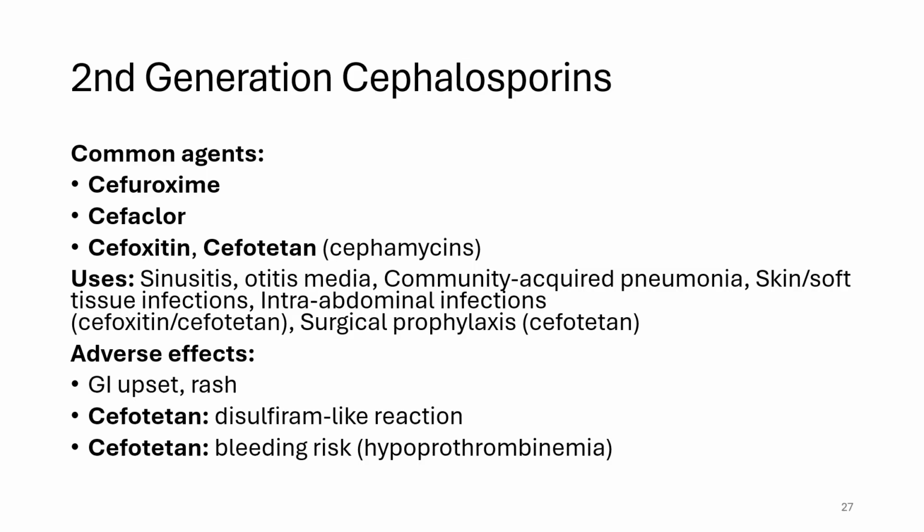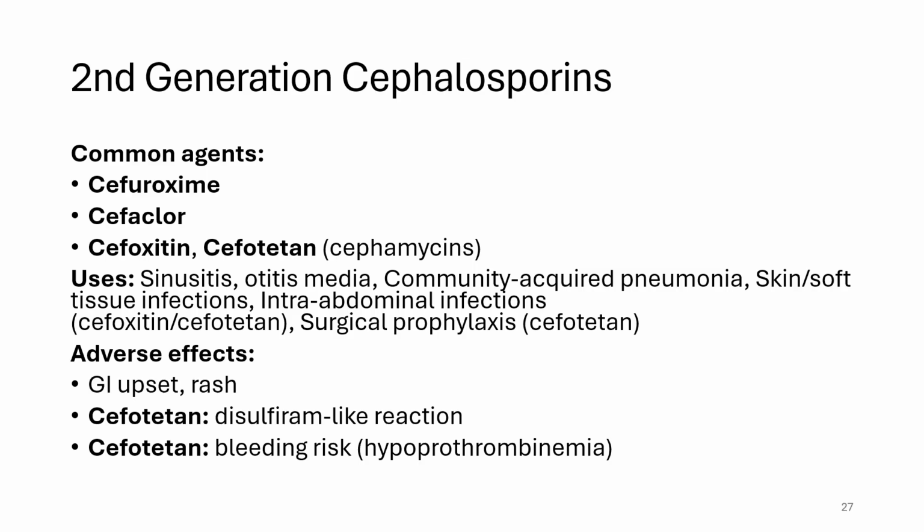Adverse effects, most patients will probably have mild GI upset or rash, similar to our other cephalosporins. A couple of high yield pearls for cefotetan is it can cause a disulfiram-like reaction. So that is when patients take alcohol while using the medication and they get GI upset, vomiting, flushing.